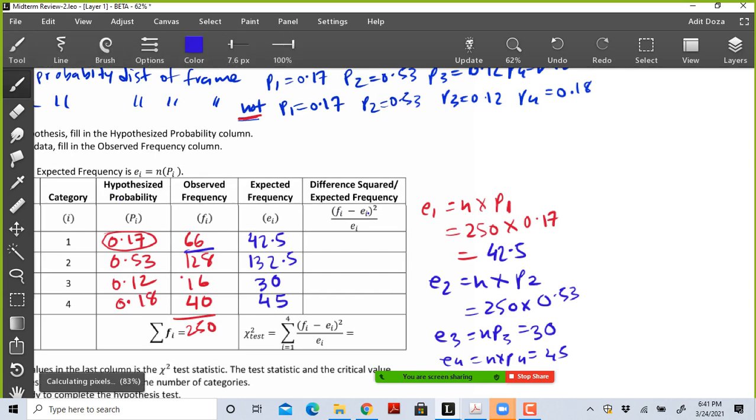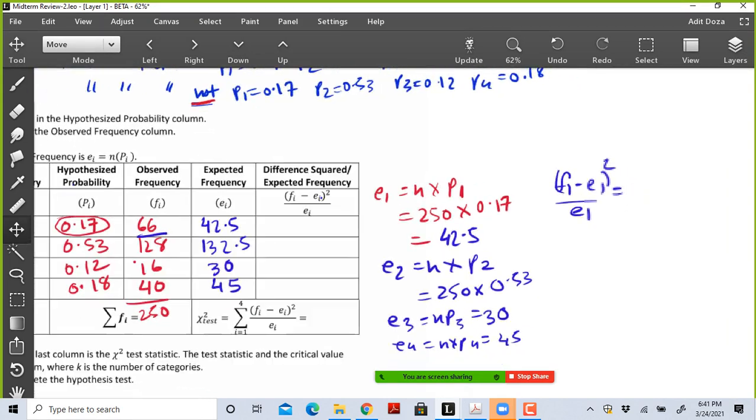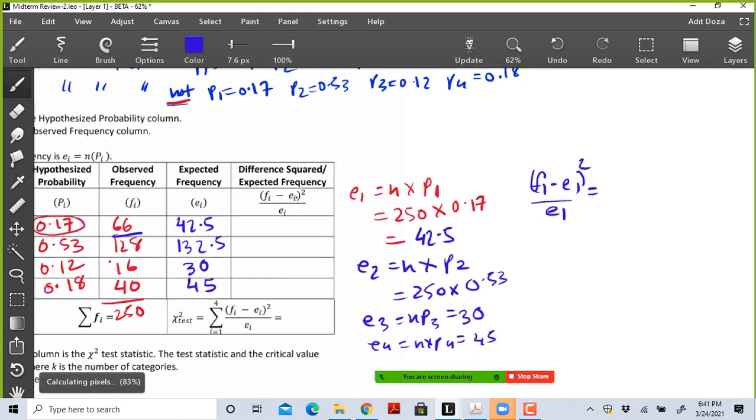So you do it for all of them. First one is f1 minus e1, square, divided by e1. Let's move it a little here, easier to write. So observed is 66 minus 42.5 square divided by 42.5.